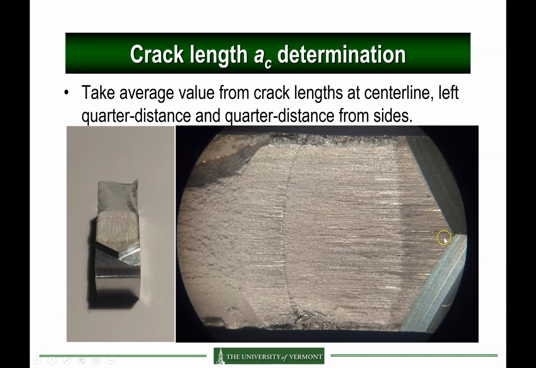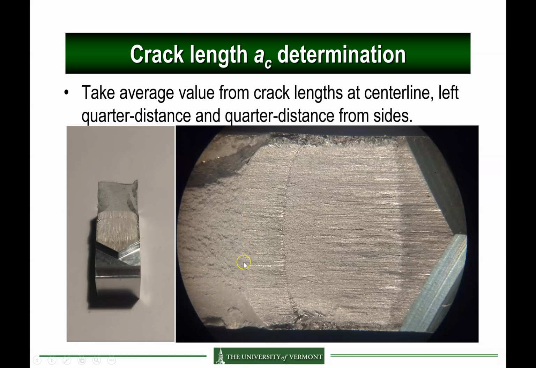You're going to make 3 measurements. One will be in the center of the specimen. So this is your crack before the K1C experiment here. This is the 5 millimeter mark, and this is the 10 millimeter mark. We take the 10 millimeter mark. So you'll need a measurement of A from here to the center. And then you take 2 points at a quarter distance from the side. Take the center, take half the distance, and measure this.